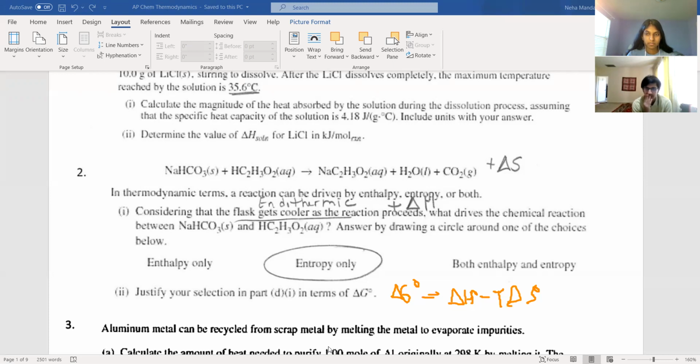If the H term is positive, then delta S has to be a big positive number to make up for that, to make delta G negative, because if it's negative, then it's favorable and it's spontaneous. Got it. So that should be your explanation.